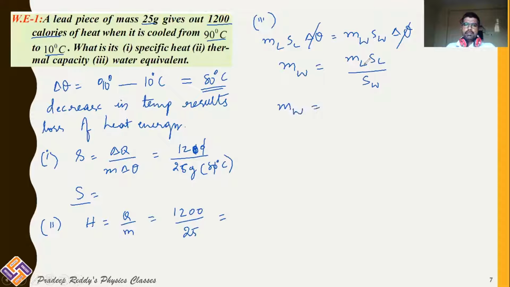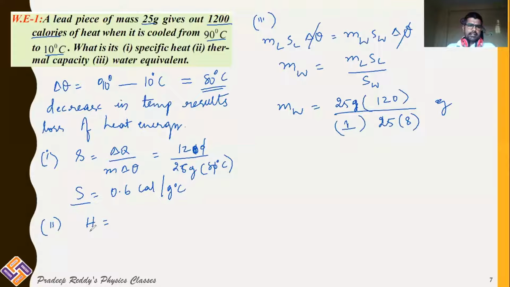So mass of the lead is 25 gram into specific heat of the lead. You can substitute it: 120 divided by 25 into 8, divided by specific heat of water, which is 1 calorie per gram degree Celsius. Gram and gram get cancelled. This gives you the final answer in gram. That is the water equivalent of the substance.